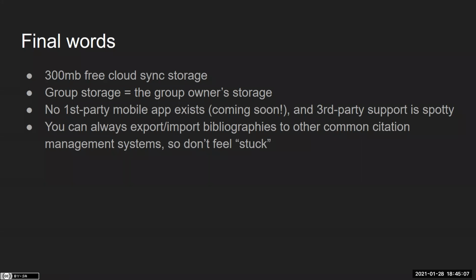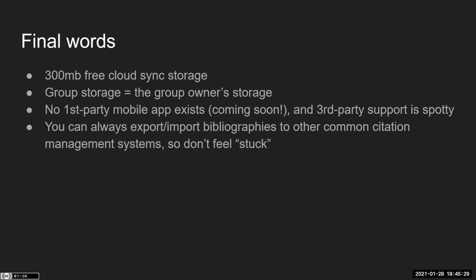If you create groups, and if you're someone who's creating a bunch of reading groups and you're the group owner, be aware that group storage is your storage. So if you have a group that's saving a lot of full text, full color, high resolution PDFs, your storage is being used for those. So your 300 megabytes, if you're using the free account, is going to be eaten up pretty quickly by that.